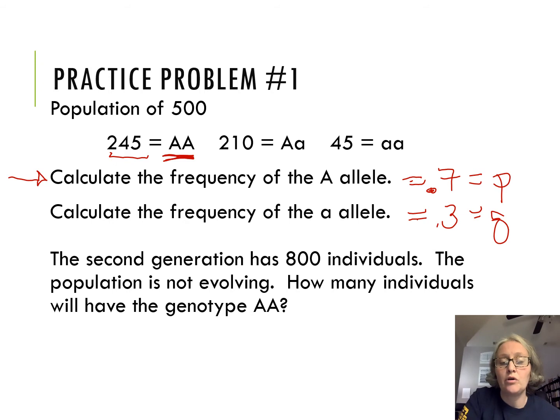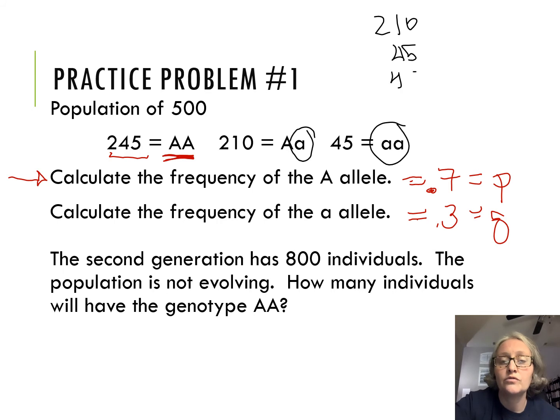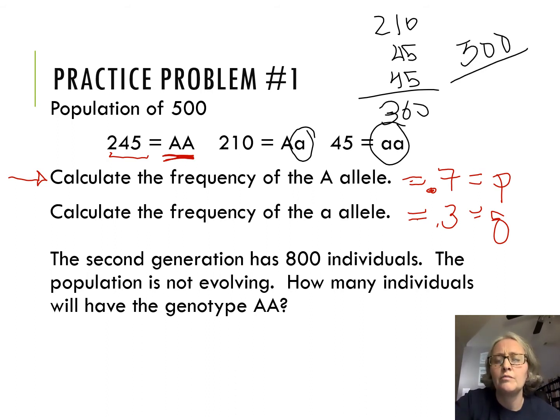If we want to add up all of the individuals that have that recessive allele, we have 210 plus 45 plus 45, and if we add all of that up together, it equals 300. Sorry, that's getting pretty sloppy. 300 divided by my total of 1,000 gives me 0.3, which again is what we had figured out.